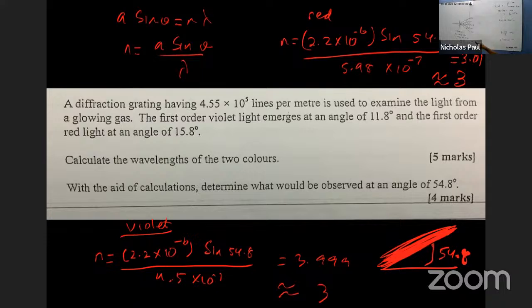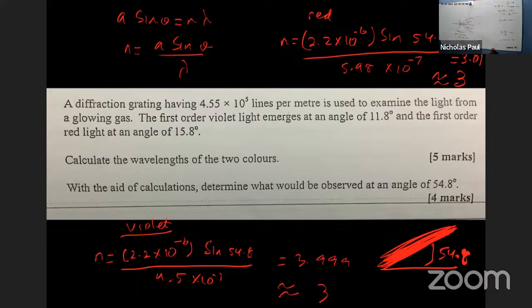Look at order 1. At order 1, you observe violet at 11.8. At order 1 for red, it happened at 15.8. So they will separate.